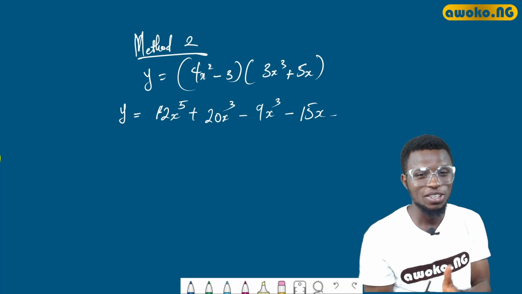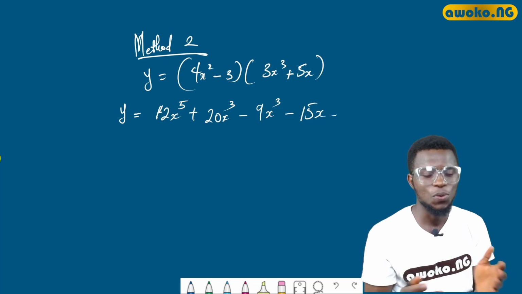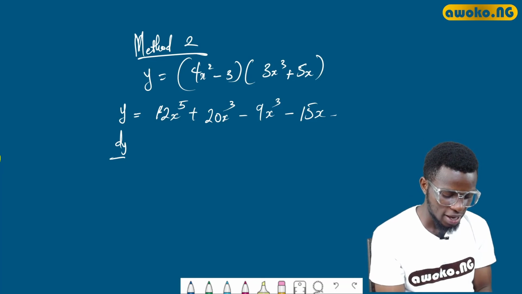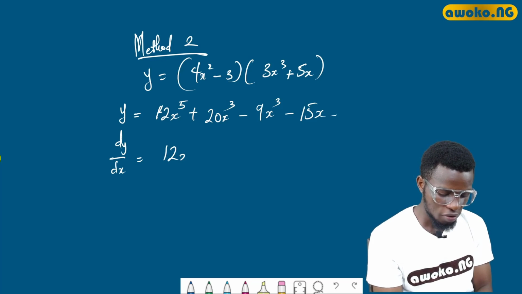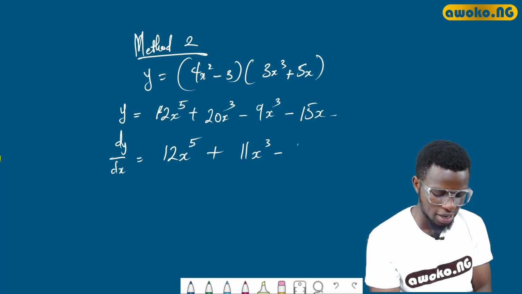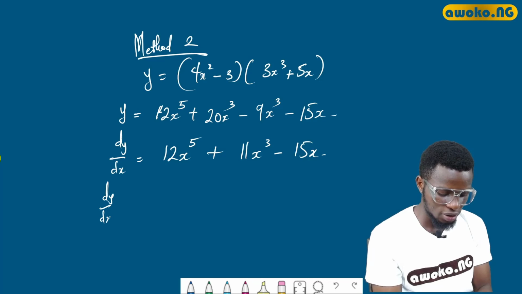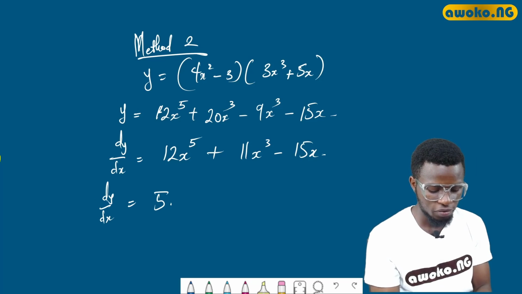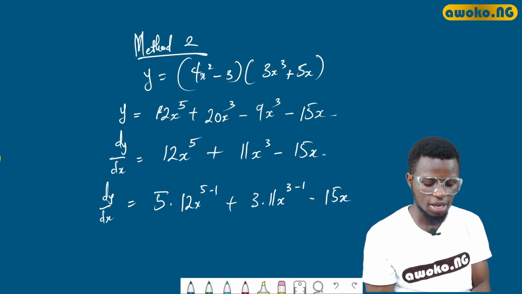So differentiating this function using the formula method, y is equal to 12x^5 plus 11x^3 minus 15x. Differentiating, we have 5 times 12x^(5-1) plus 3 times 11x^(3-1) minus 15.